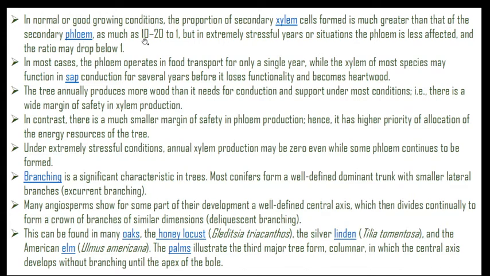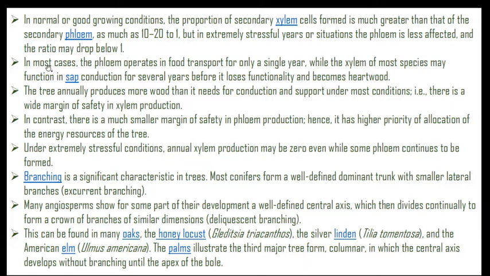Meaning, about 10 to 20 xylem cells are developed in favorable conditions, and simultaneously only one secondary phloem cell is developed. Sometimes there are extremely stressful years or situations, and in that situation phloem is less affected, and that's why the ratio may drop below 1.